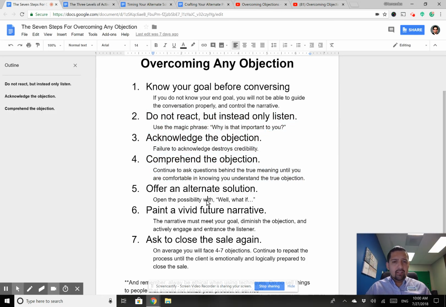If you need copies of these forms, reach out to them, reach out to me, reach out to whoever you need to, but make sure you have this information because it will make a major difference for you in your business, in your life, in everything that you do. When you can overcome an objection, you start to get what you want in life. You start to get the things that you really care about.